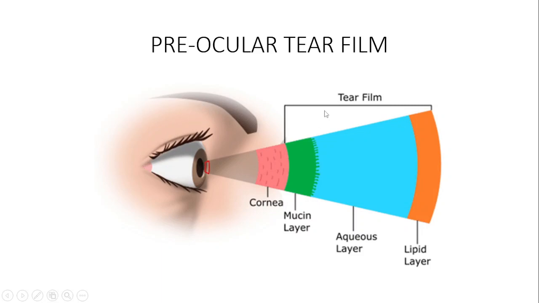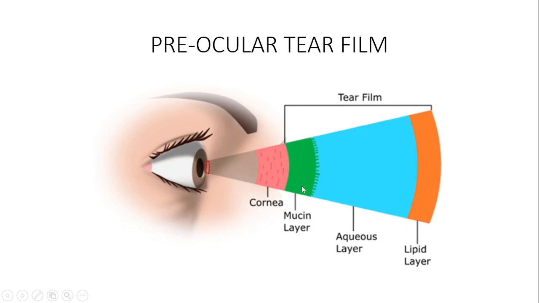So, what are the sources of these layers of the tear film that we have been talking about? Where are these layers produced from? Let us start from the mucin layer. Where is it from? Number one, it is produced by the goblet cells of conjunctiva.